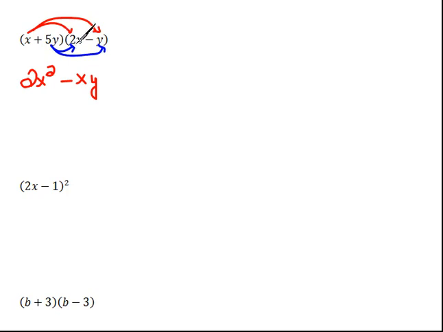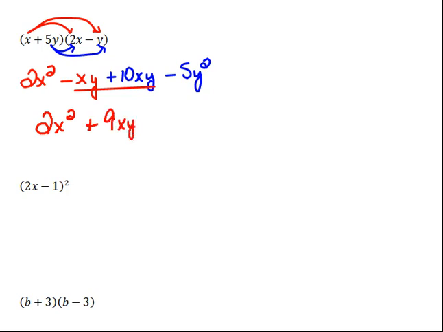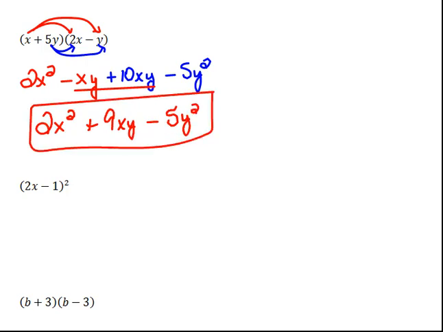So 5y times 2x is plus 10xy, and 5y times a negative y is minus 5y squared. Now we can collect our like terms. So we have 2x squared plus 9xy minus 5y squared. And this then would be our final answer.